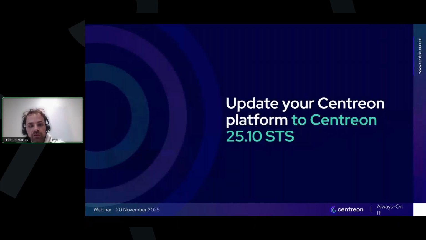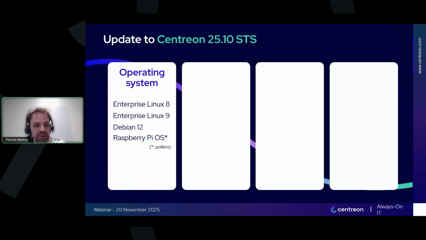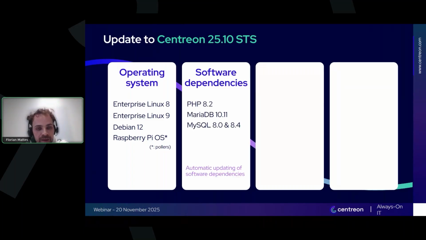And to finish, some words about updating the Centreon platform to Centreon 25.10. First, the operating system. Supported operating systems are Red Hat and Alma Linux 8 and 9, Debian 12, and Raspberry Pi OS for pollers only. About the software dependencies, for this version we are working on PHP 8.2, MariaDB 10.11, and MySQL 8 and 8.4.